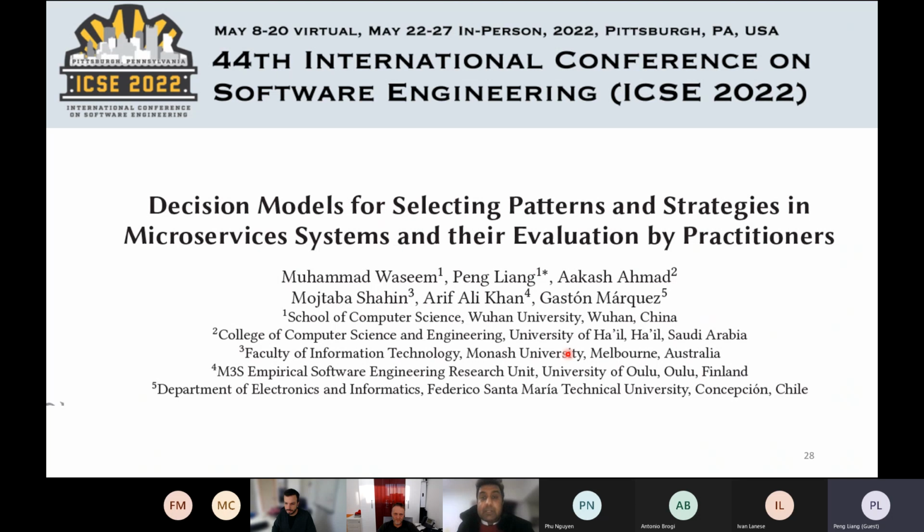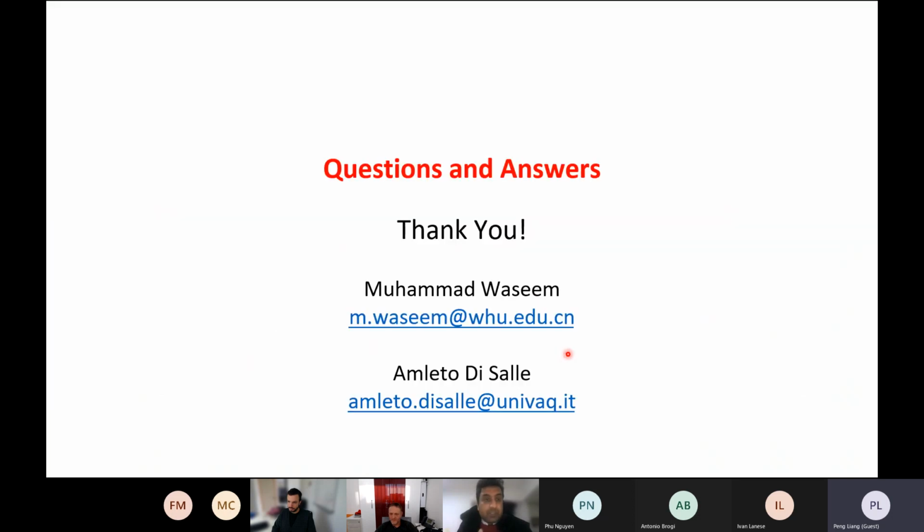This paper presents empirically evaluated decision models for application decomposition, microservices security, application microservice communication, and service discovery. So this is a very interesting paper, and interested microservices enthusiasts can download and read it. So here I will finish my presentation, and now any questions regarding our presentation are welcome.